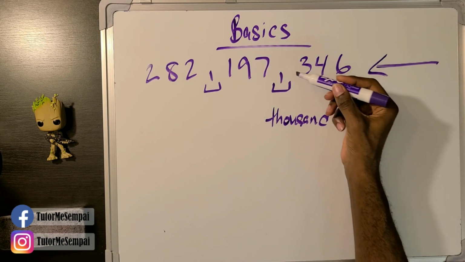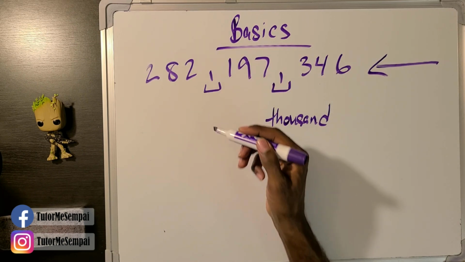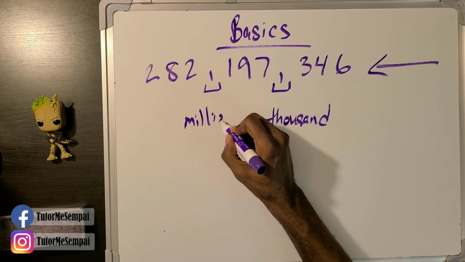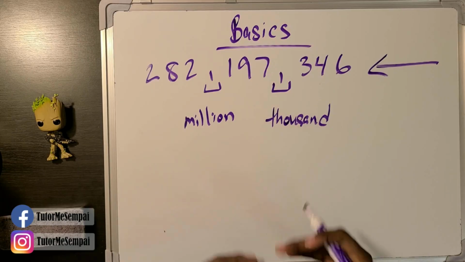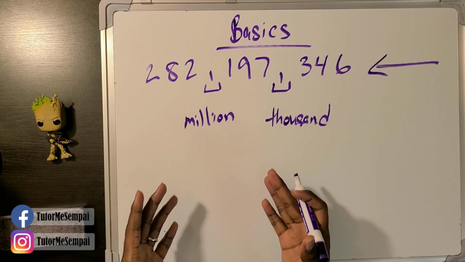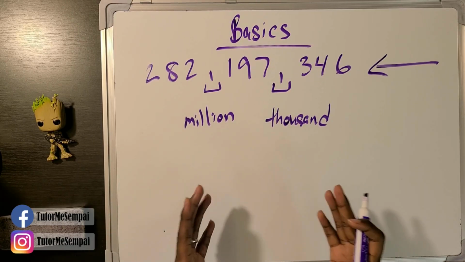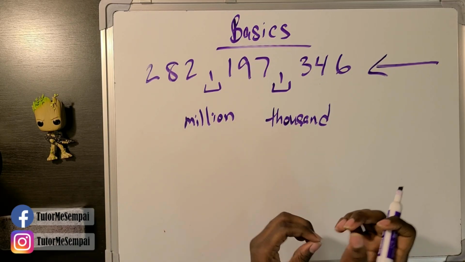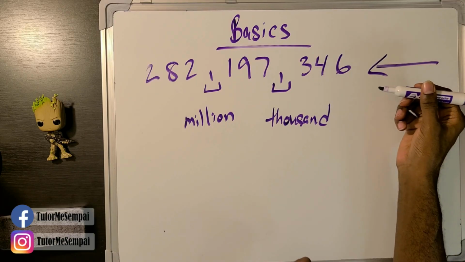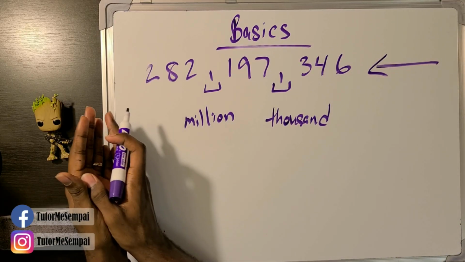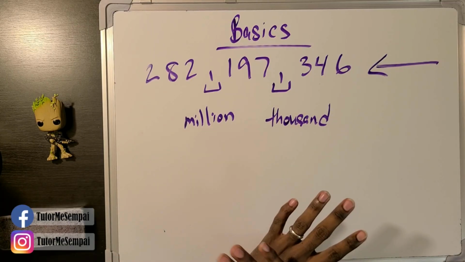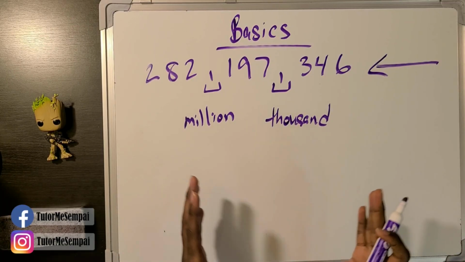And as you keep going, this next comma is going to be called the million comma. So, million. And as your number gets bigger and bigger, you're going to have more commas with different names. However, it's very important that you name them coming from the right. You don't want to name them coming from the left because depending on how big your number is, you're going to be getting something very far off from the correct answer.